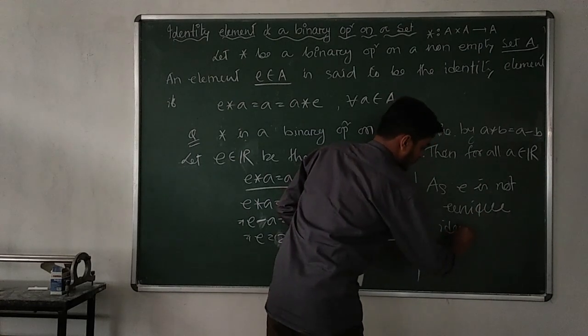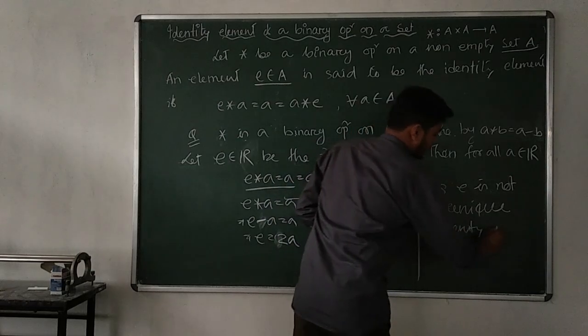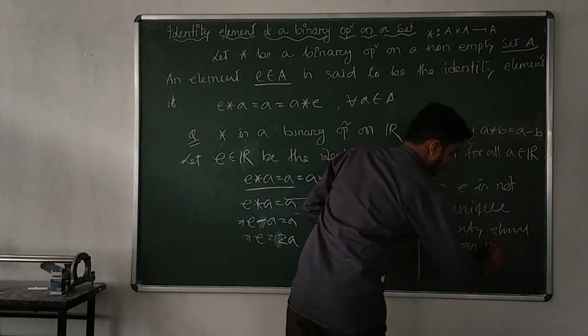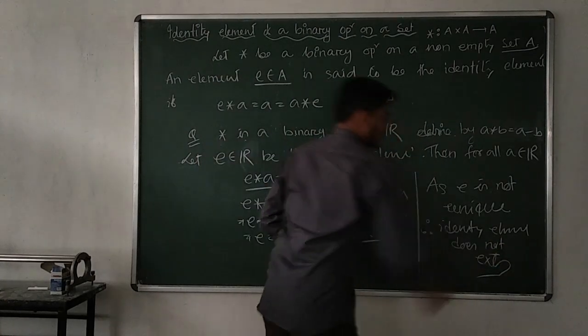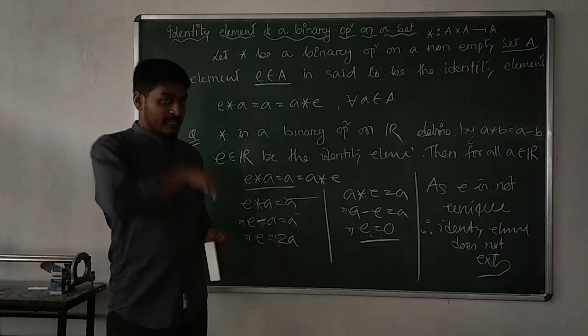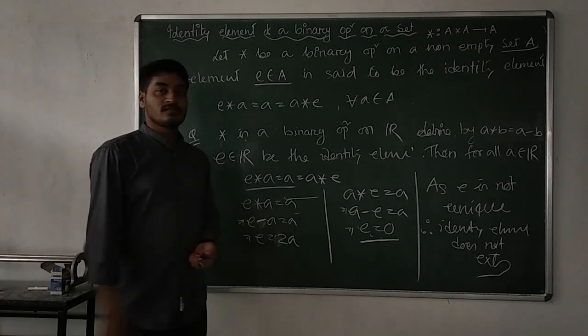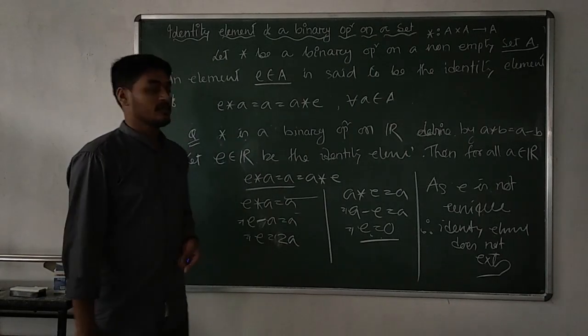You have to give the answer like that. It should be on the set as well as it should always be unique. But here uniqueness is not satisfied by this binary operation. That's why the identity element does not exist.